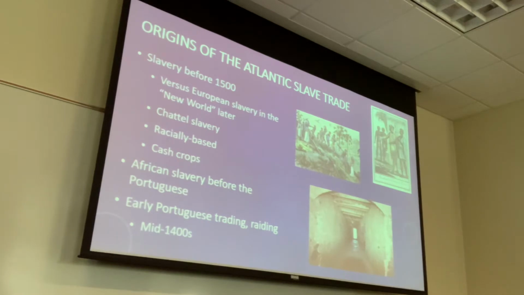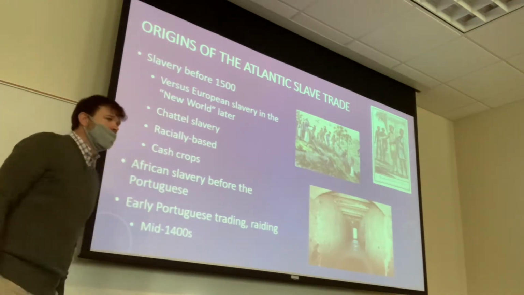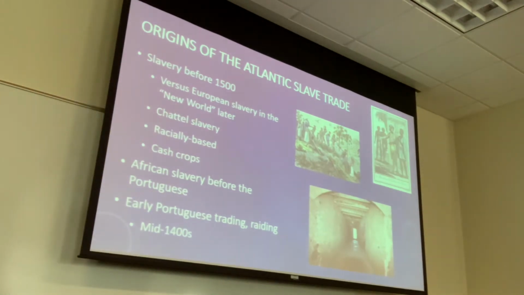We'll talk about what those cash crops are. But if you put all of that together, this is something unique. So to say slavery has existed all throughout the world and for many millennia is not enough. We have to recognize that what we're about to examine is unique.